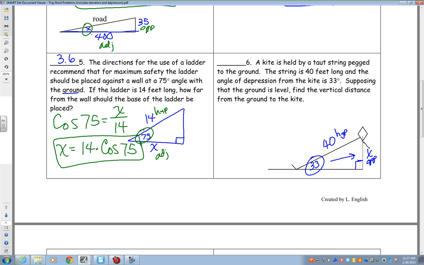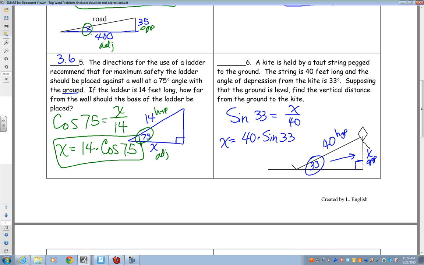So what deals with opposite and hypotenuse? Sine. So we do sine of 33 equals x over 40. X is on top. So what do we do to solve it? You multiply. So we would do 40 times the sine of 33.